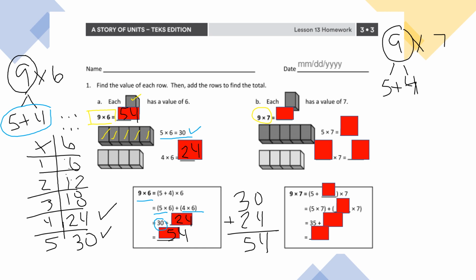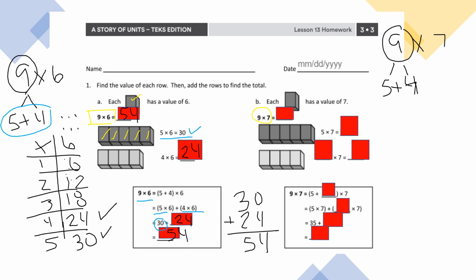And so we're going to end up with two equations: 5 times 7 plus 4 times 7. The dark gray unit cubes represent 5 times 7. The light gray unit cubes represent 4 times 7.